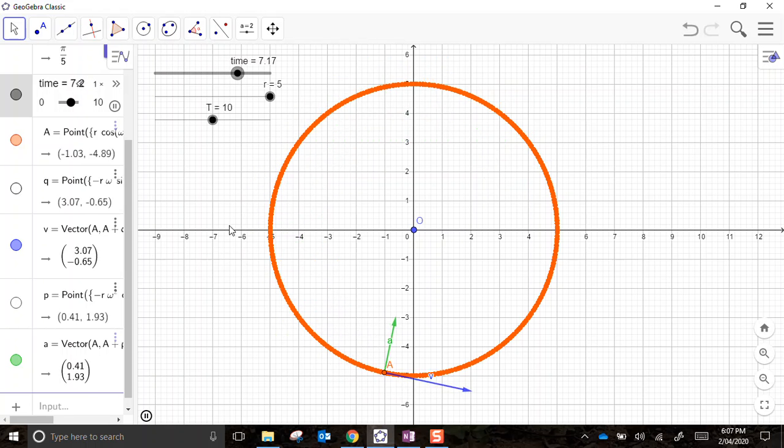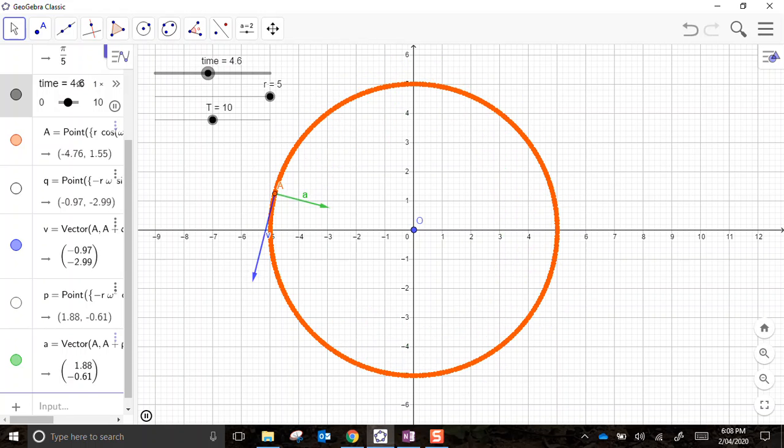Now, what causes that force? It could be any number of things. This diagram could represent the solar system. Point O would be the sun, point A could be the planet Earth, and the gravitational force from the sun pulling on the Earth, always pulling inwards to the centre, is what keeps the Earth going in its circular orbit around the sun.